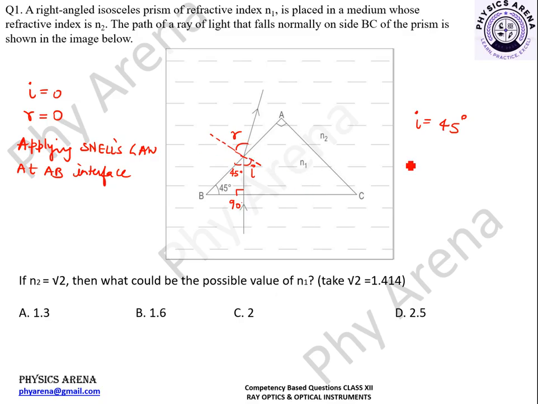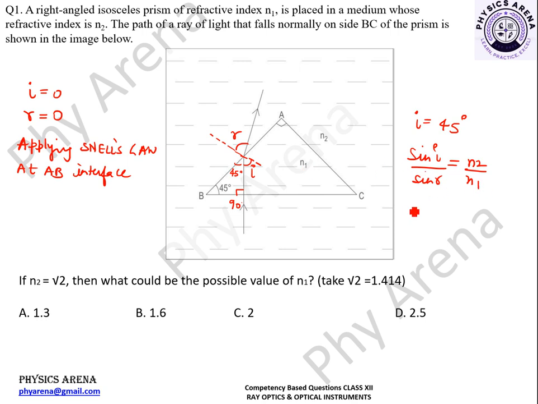Let's apply Snell's law here. So we know Snell's law is sine i upon sine r equal to n2 upon n1, where n2 is the refractive index of the medium to which the ray is going, and n1 is the refractive index of the medium from which the ray is going.